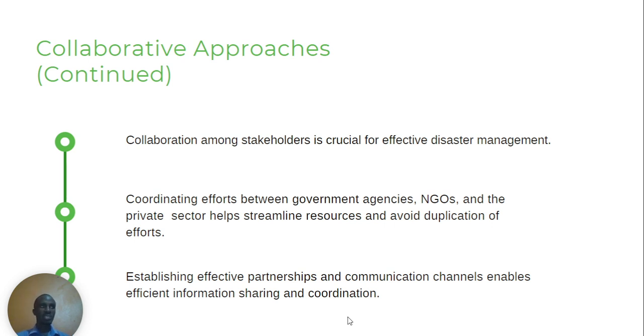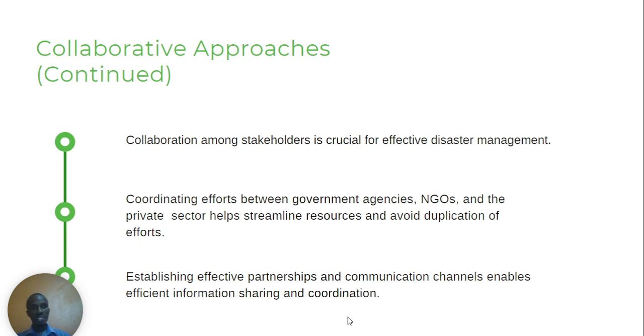When one organization is doing, for example, construction of boreholes to provide clean water, then another organization shouldn't also construct boreholes, but should use those resources to provide some other thing. Okay, so they can now focus on menstrual hygiene or construction of pit latrines, so that there isn't duplication of these efforts. Already the resources are not always enough in those settings, so you shouldn't duplicate the efforts.